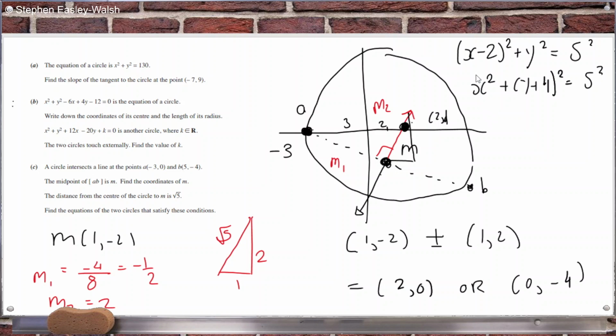So let's check the point (5, minus 4). 5 minus 2 is 3, 3 squared is 9, plus 16... yeah, okay, that's fine. And then here 5 squared plus 0 is 5 squared. So both those points are on both those circle equations, and it has a radius of 5, from minus 3, 0 to 2, 0. Yeah, okay, I think this is fully right.